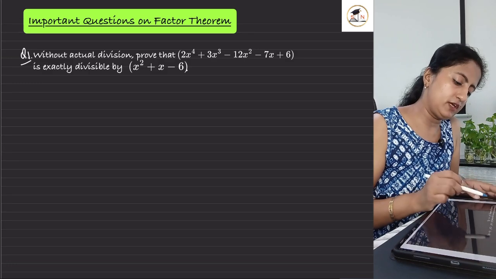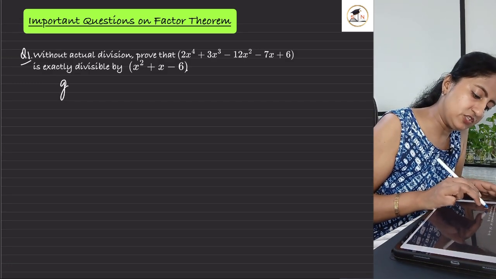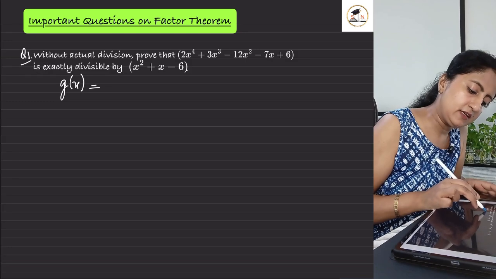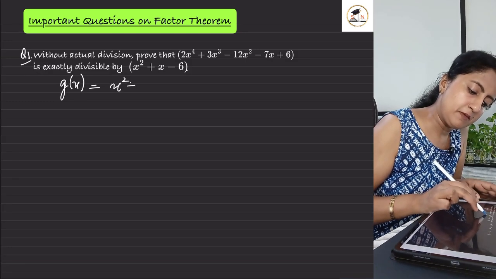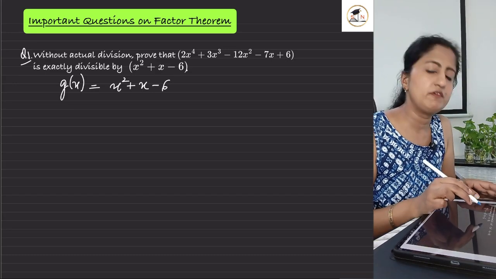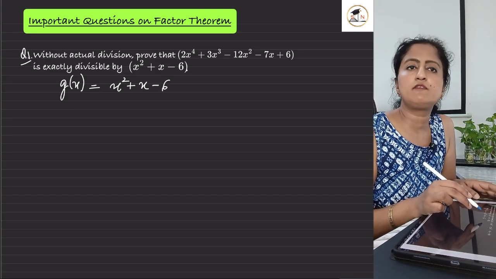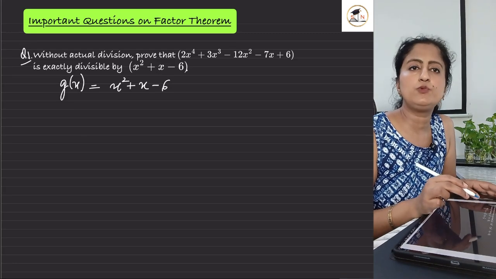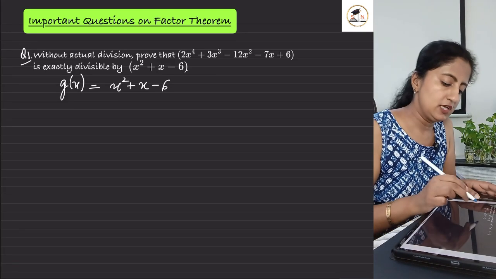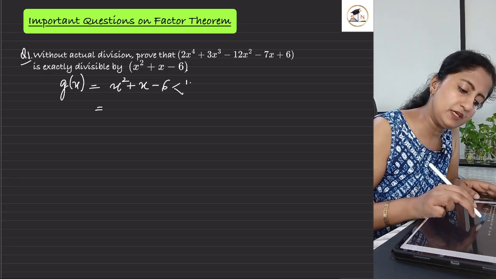So what we do over here, first I will name the second polynomial as g(x), and it is x^2 + x - 6. Now we will factorize it, because when we factorize this, it will give us two factors through which we can get our zeros. So let's start. The factors of 6 can be either 1 and 6 or 2 and 3.